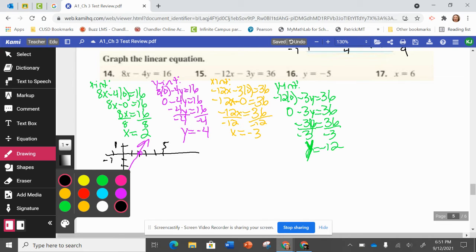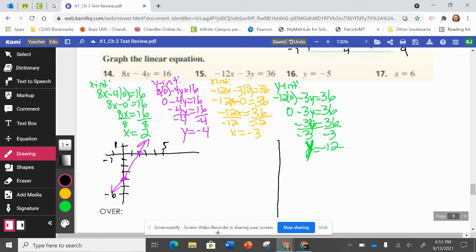So to graph this, I'm plotting x is negative 3, y is negative 12, and there's our line.